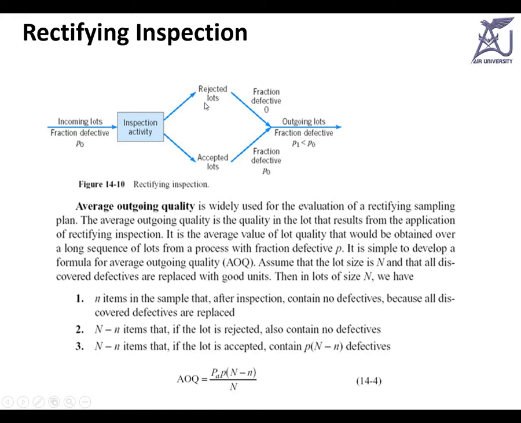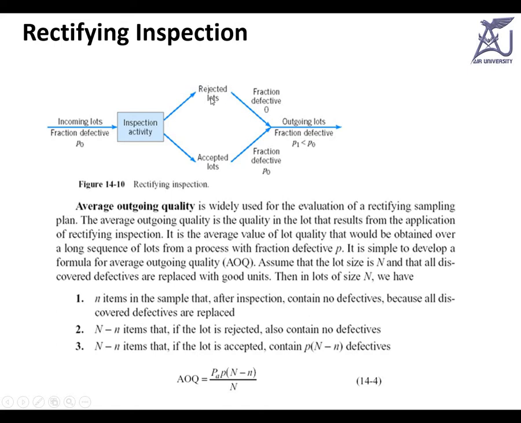For the rejected lots, what you can do is inspect each and every component. You can go for 100% inspection, and the parts which are rejected in that are thrown away, and you replace those bad components with good ones.